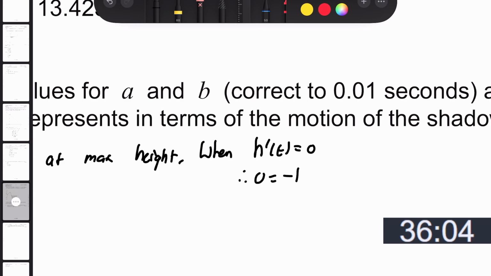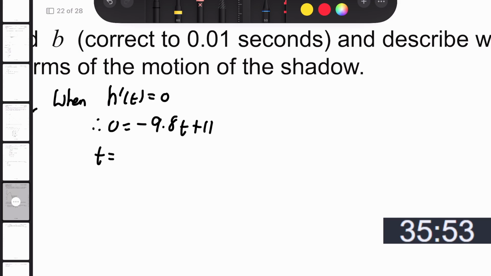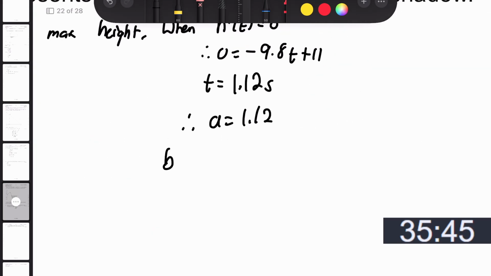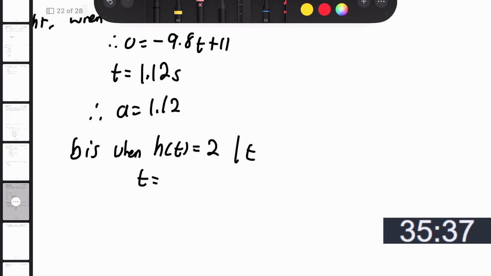Zero is going to be negative 9.8t plus 11. t is equal to 11 divided by 9.8, so 1.12. Therefore, a equals 1.12. And then b is when h of t equals 2, given that t is greater than 0.